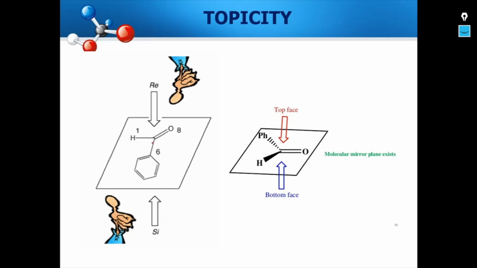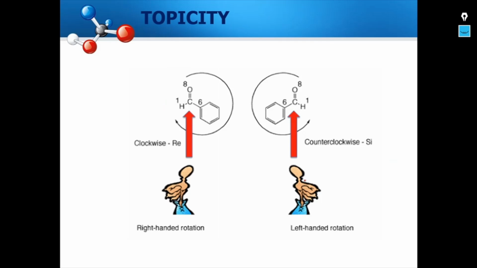Here we have a benzaldehyde molecule, and we have a top face and a bottom face. Let us see how we are going to identify which is the Re and which is the Si face. For this we are going to use a thumb rule. Now consider the planar molecule benzaldehyde.